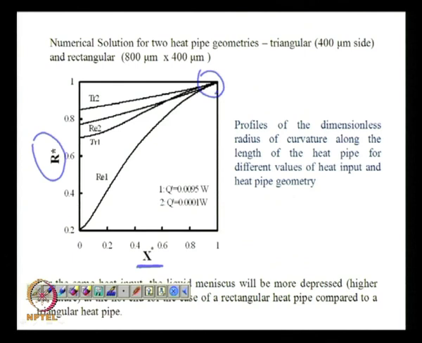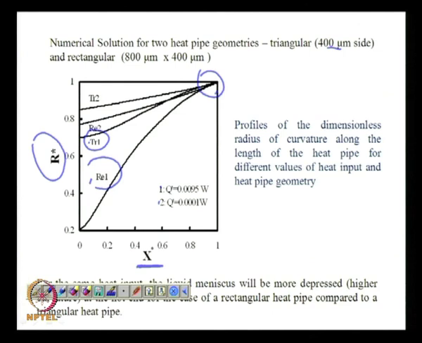So, let us say I am comparing TR1, which is a triangular one with a specific dimension of 400 micron, and RE1, which is rectangular, at two values of heat input. At both values of heat input, you could see that the change in r star necessary for the triangular groove is substantially less than that of a rectangular heat pipe.